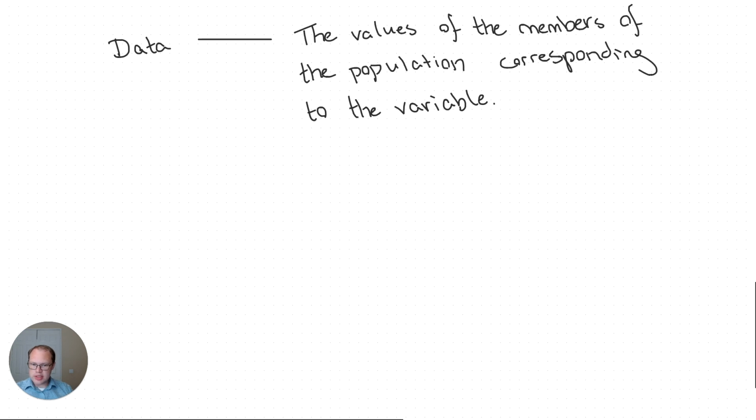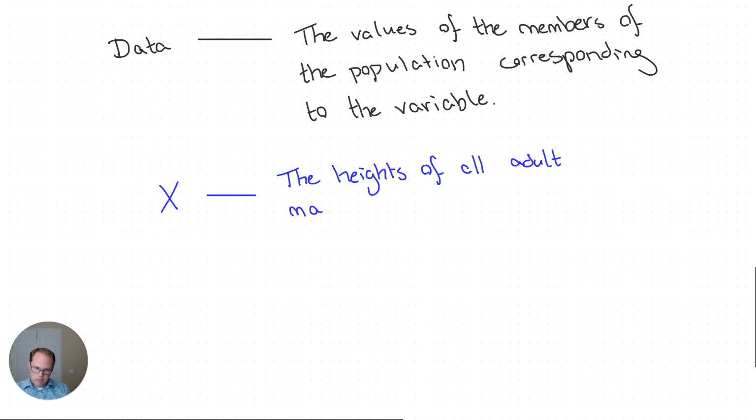Okay, so for example, X might be the variable, the height of all adult males in the USA. Okay, the data are the actual values for different people.